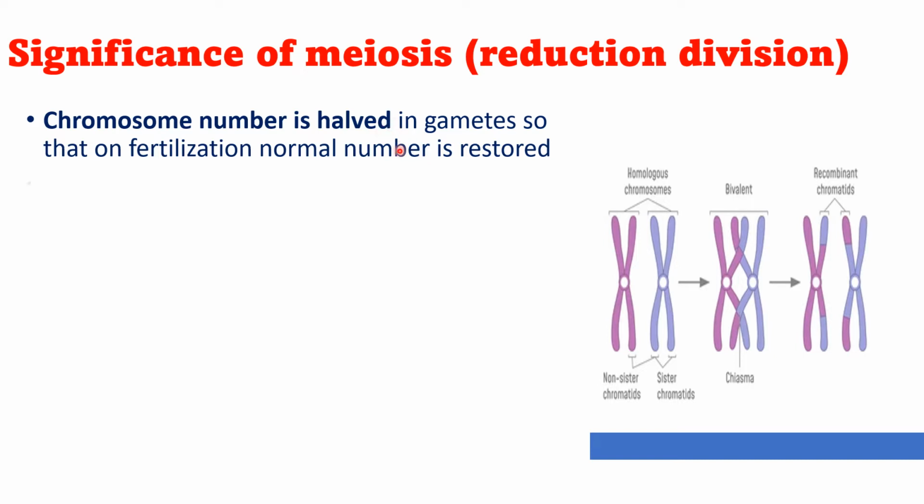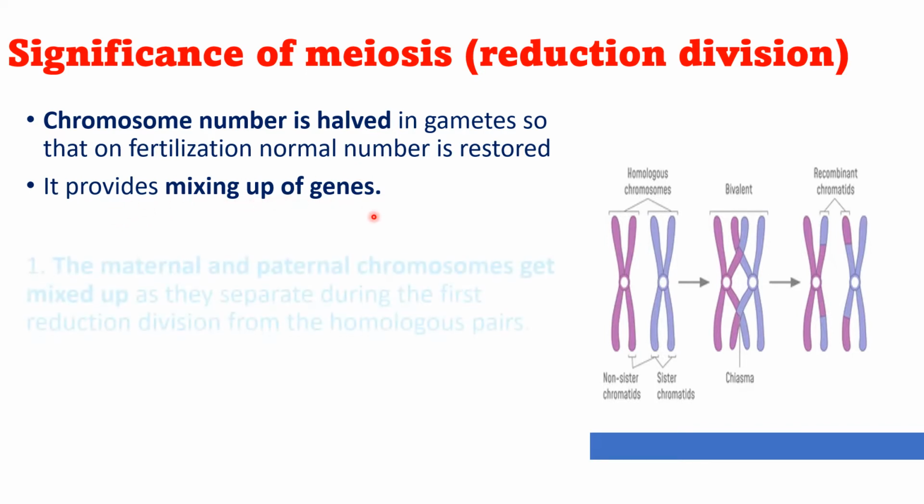Then the next point, it provides mixing up of genes. These two are the main important significance of meiosis. First one, chromosome number is halved in gametes so that on fertilization normal number is restored. Then it provides mixing up of genes. What is mixing up of genes?